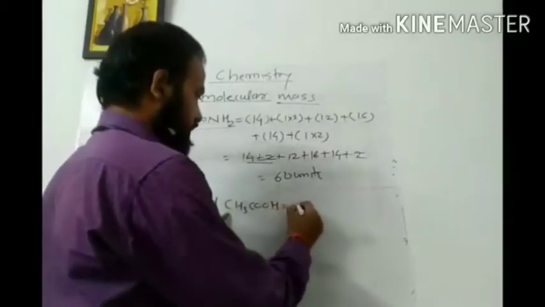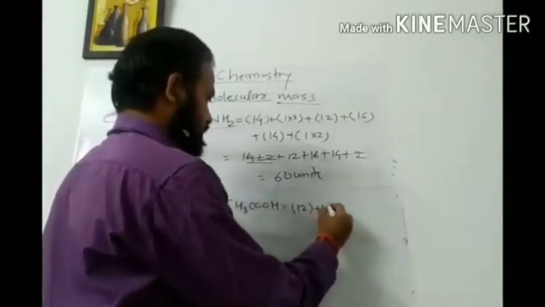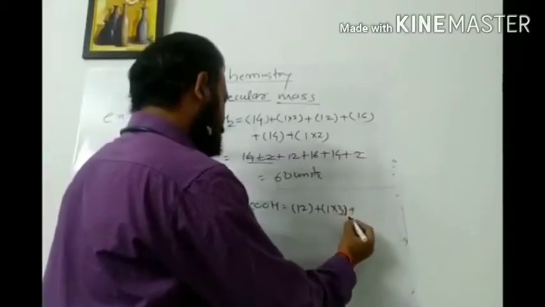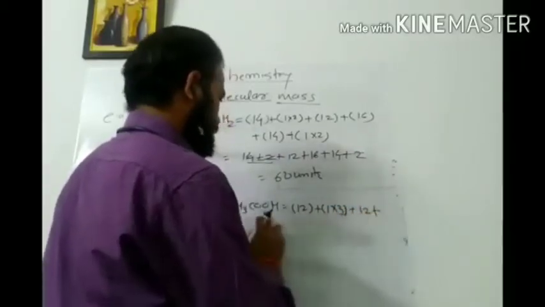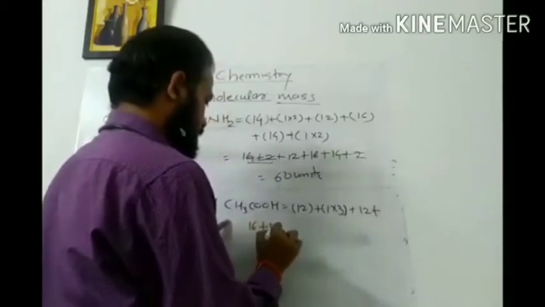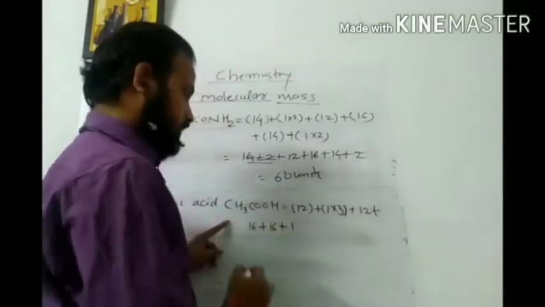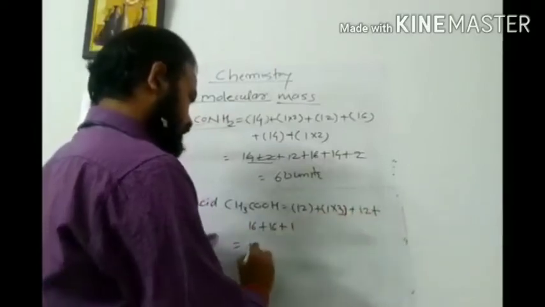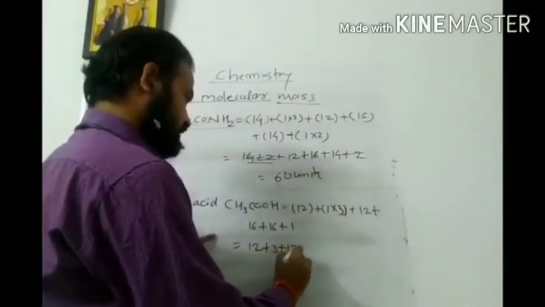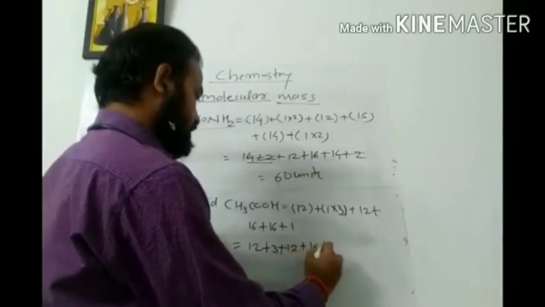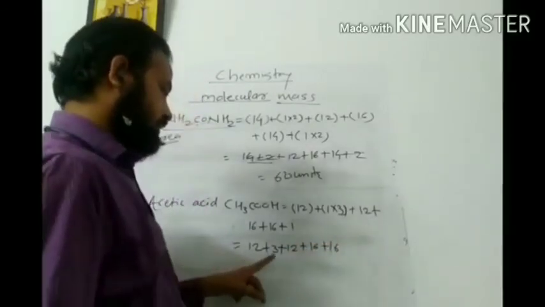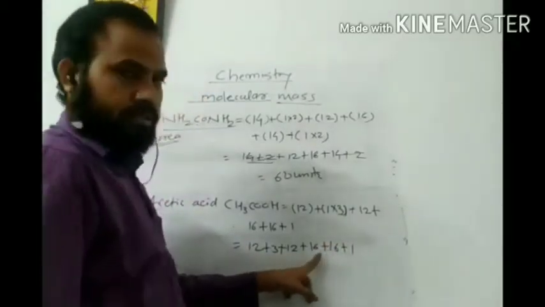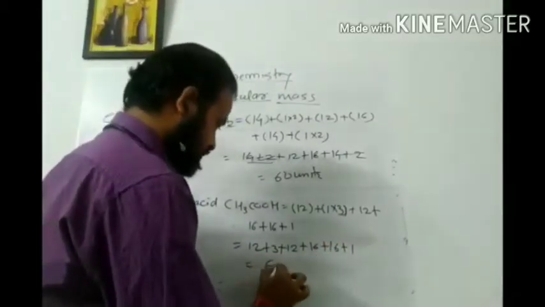So here again carbon 12 plus 3 atoms of hydrogen plus again 1 atom of carbon, 2 atoms of oxygen, and 1 atom of hydrogen. If I simplify it, I get 12 plus 3 plus 12 plus 16 plus 16. If we add it, 15, 27, plus 1 is 28, and 32, it becomes 60 units.